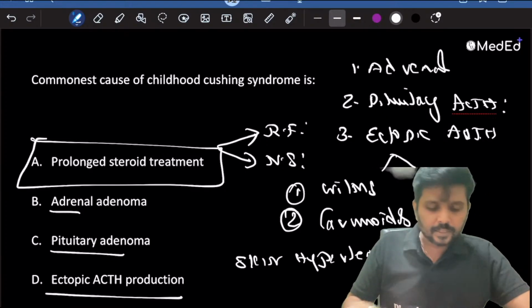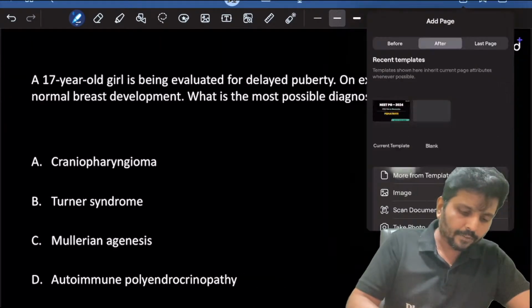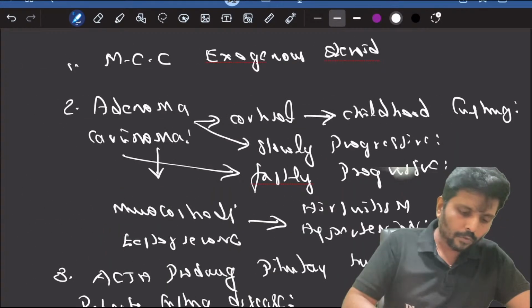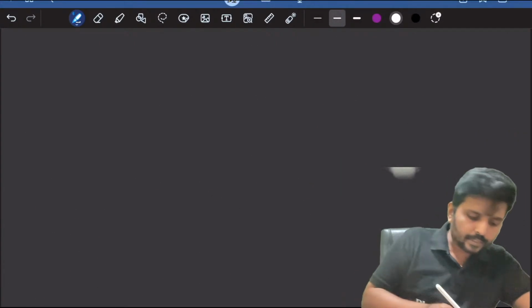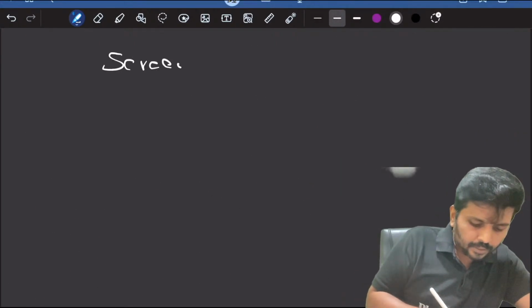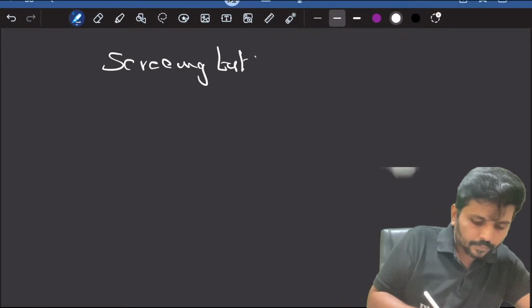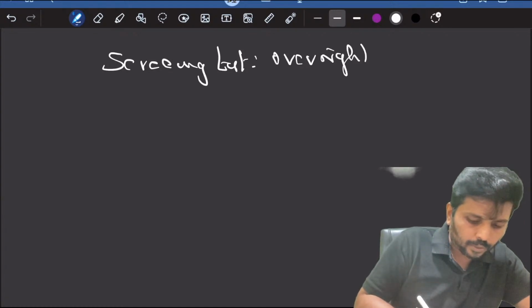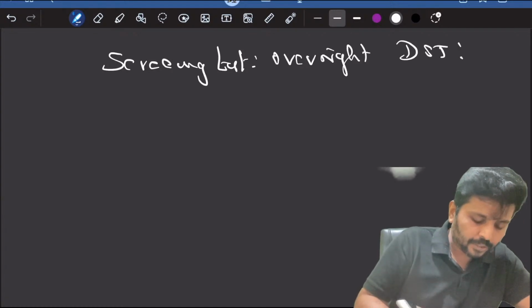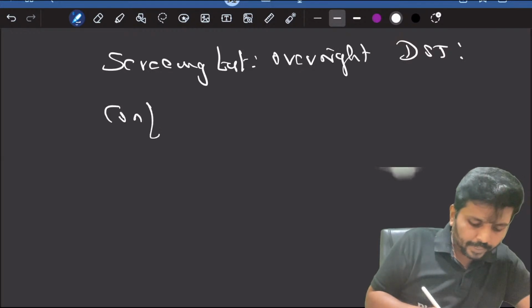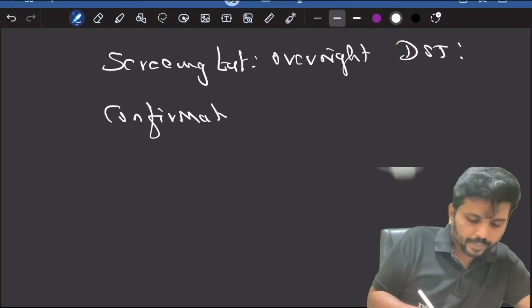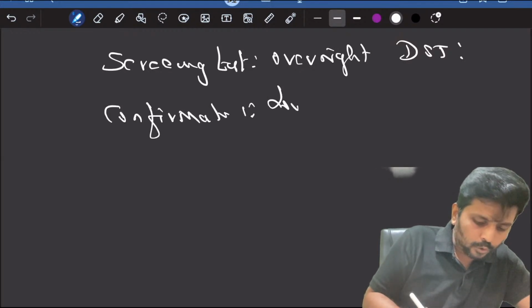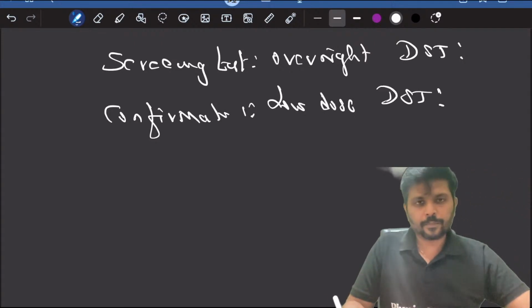Okay. What is the screening test and what is the confirmatory test? Screening test is the overnight dexamethasone suppression test. Confirmatory test is the low dose dexamethasone suppression test.